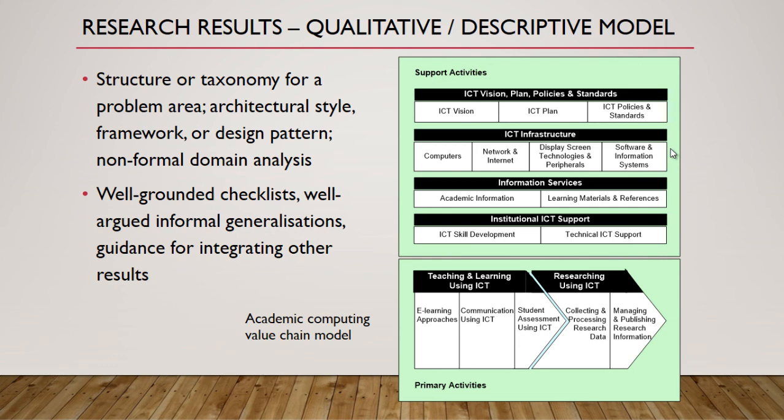What I'm sharing here is one model that I did for my PhD, called the academic computing value chain model. This is a descriptive model that represents the different support and primary activities in the use of ICT in academic institutions. This was also considered a result for me back then.